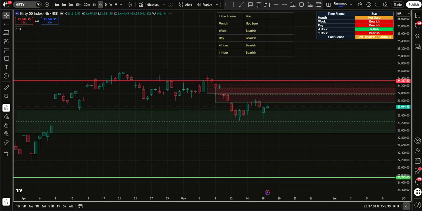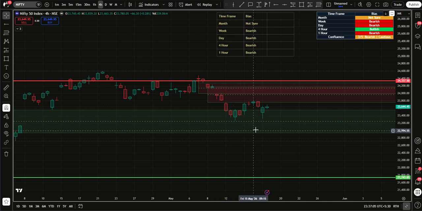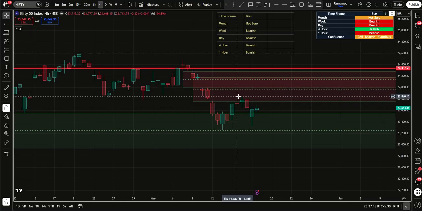Going over to the 4-hour time frame. On a 4-hour time frame, Nifty is bearish. This is a swing high, and this is a lower high. So that's bearish. Essentially, this is the swing high that's presented here.